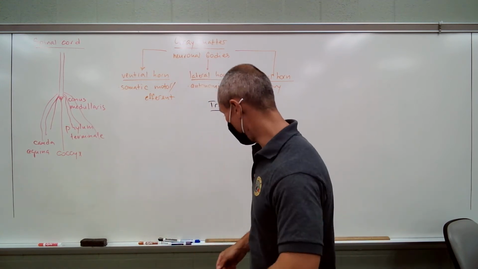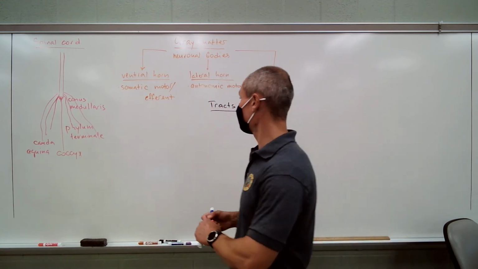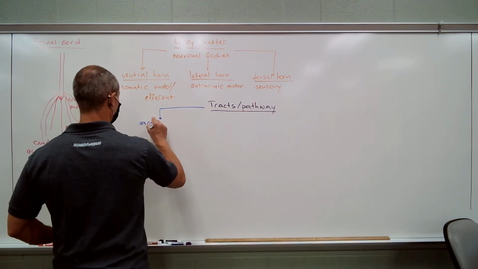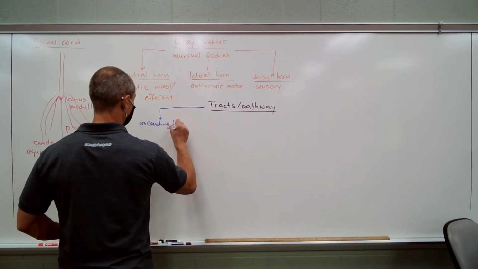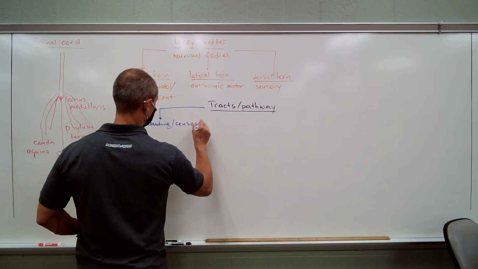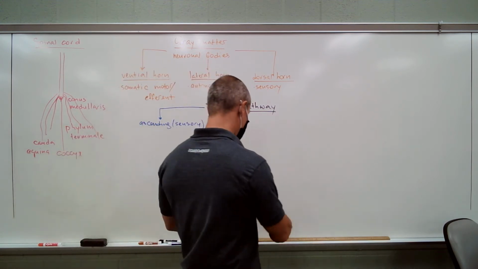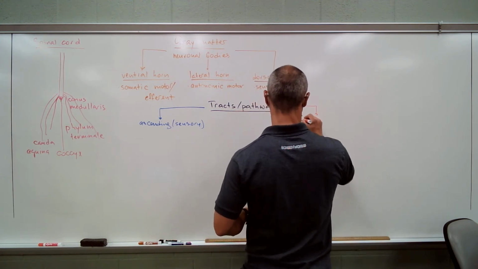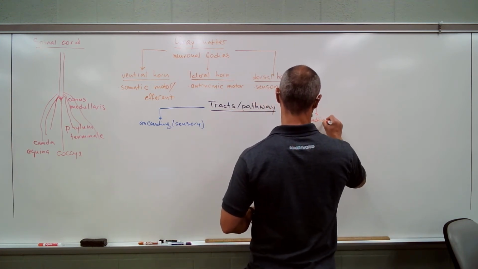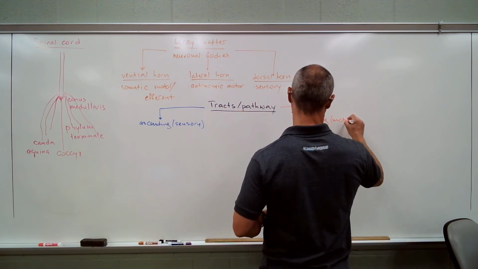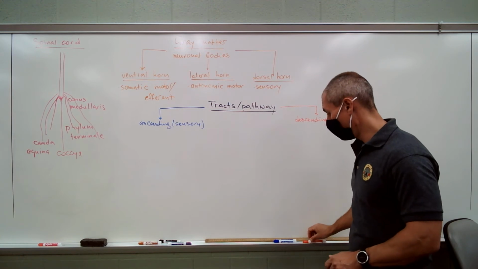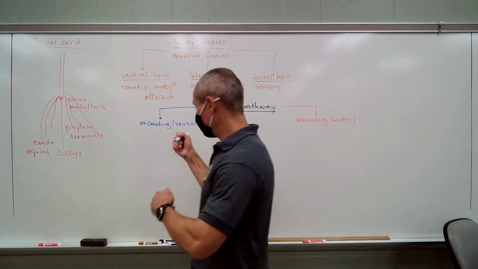So ascending tracts will be what kind of information? Sensory. Absolutely. And descending will be motor. So far we're clear?